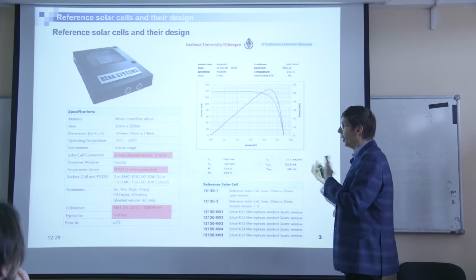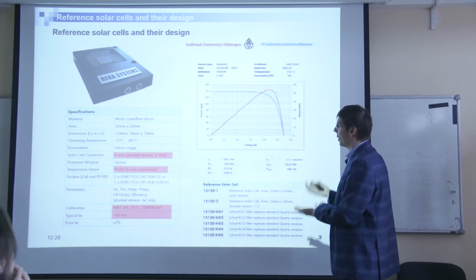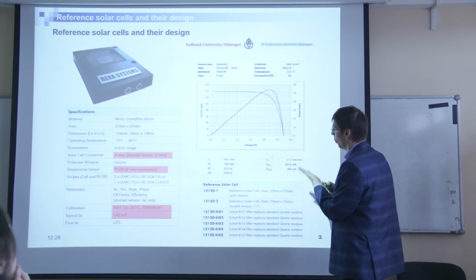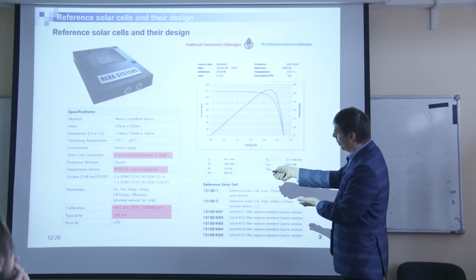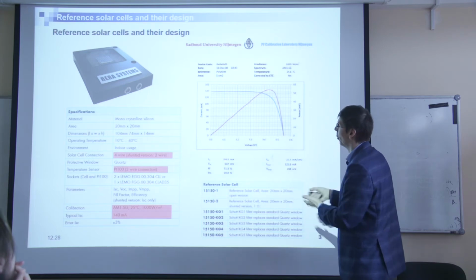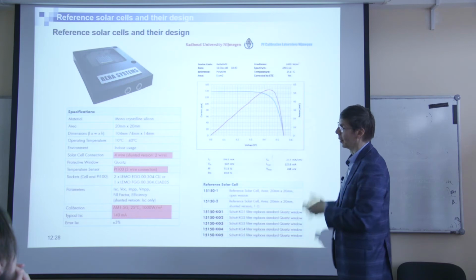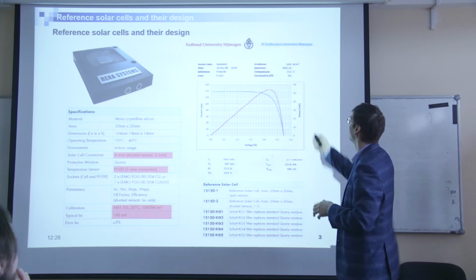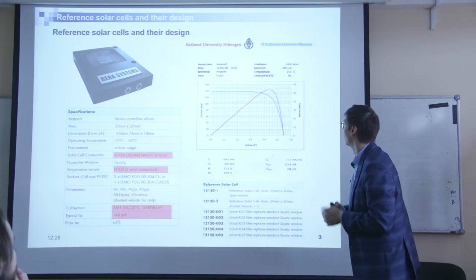So why do you need it? You need it to adjust the intensity of the solar simulator. So you put it and measure the current, and when you reach this value, you can say that, okay, now I have 1 kilowatt per square meter.